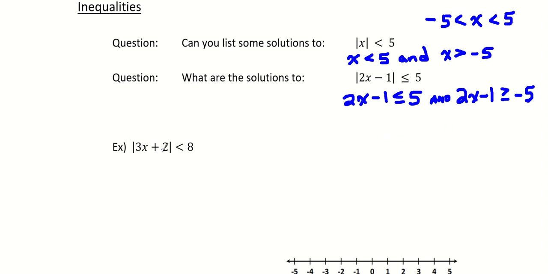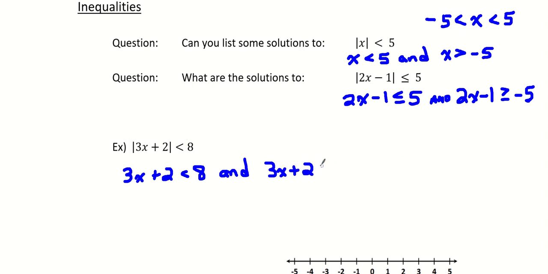Let's see how it works out all the way through for this one. Is the absolute value already isolated? Yep. So 3x plus 2, here's the first case, just as is. Drop the absolute value, and that's the first case, just less than 8. And again, the word is going to be and for less than. And the other case, 3x plus 2 doesn't change.